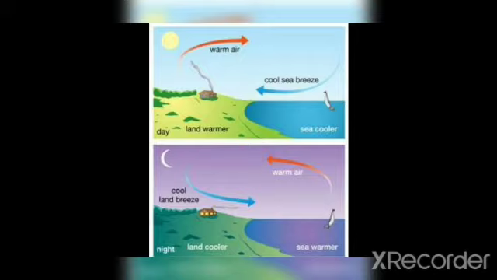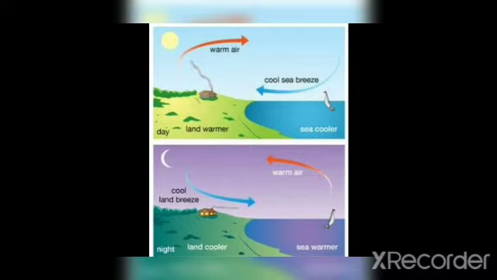Okay, so during daytime, the sun rises and it becomes day. So the land area would be hot. The air present in the land area is warm in nature. Whereas during the same daytime, the wind or the breeze in the sea would be colder.